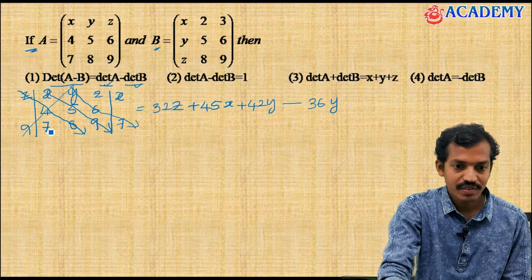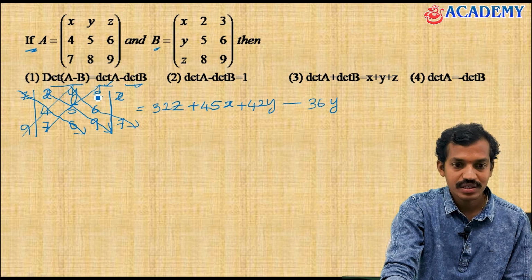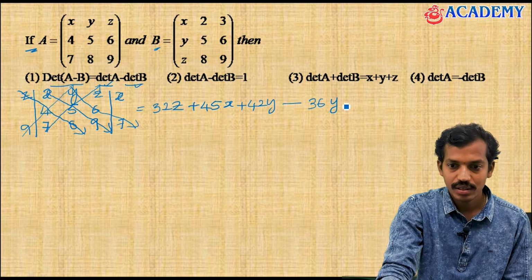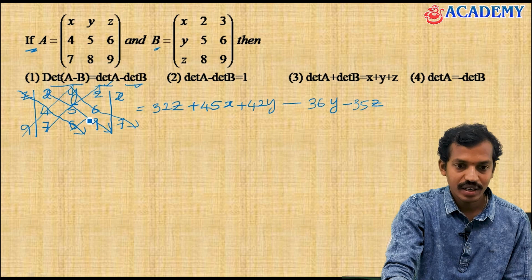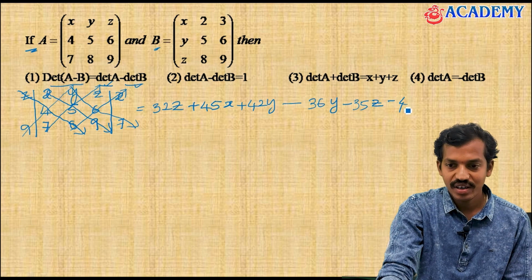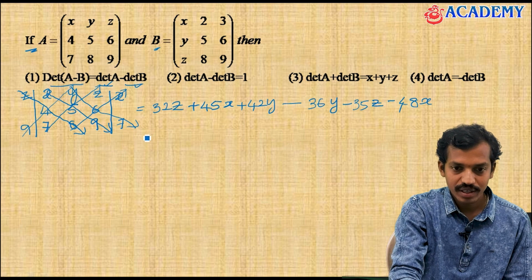Next, 7 into 5 into z is minus 35z. Next, 8 into 6 into x is minus 48x.